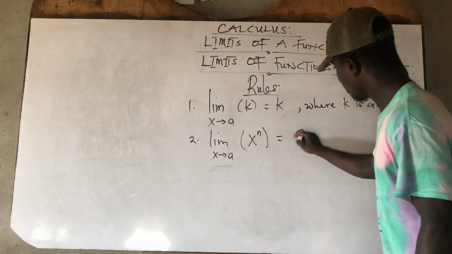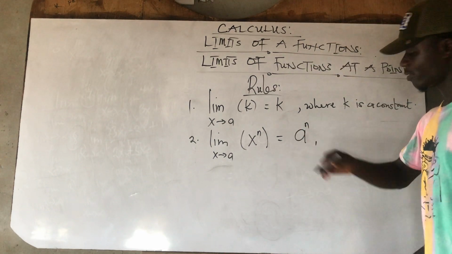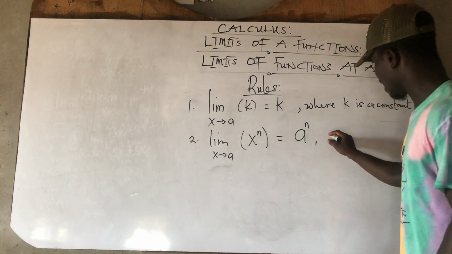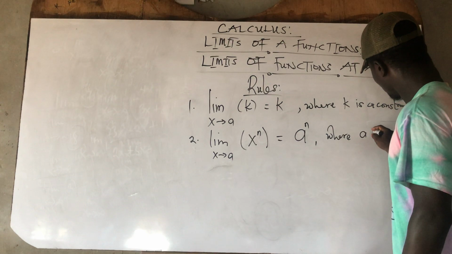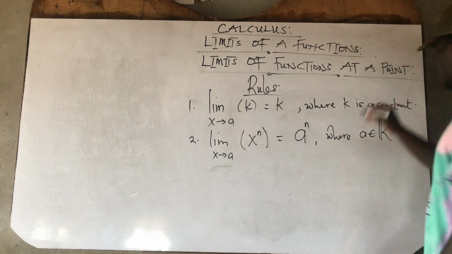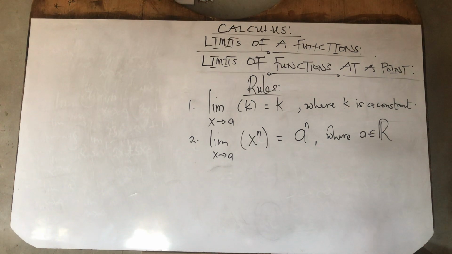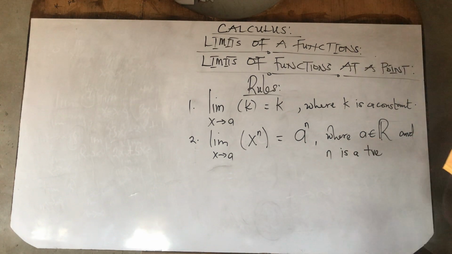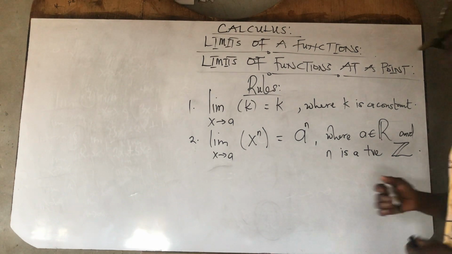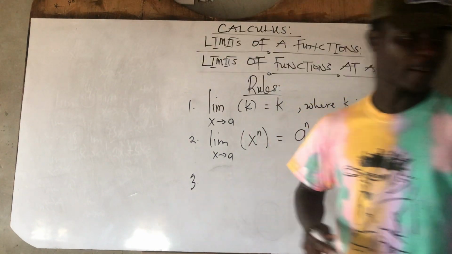So it becomes a to the power n, where a is a member of the real numbers, and n is a positive integer. So that's the symbol for integer. Then 3.